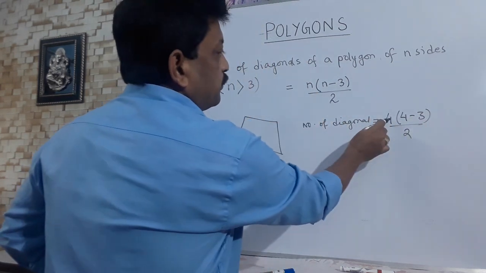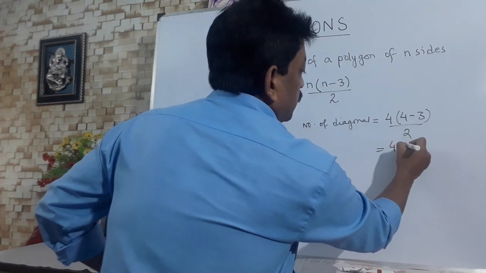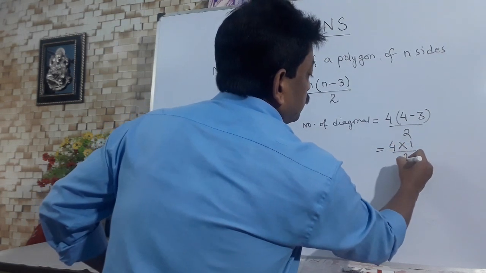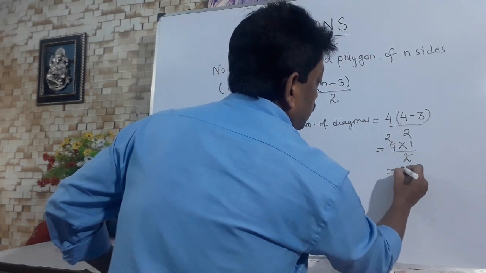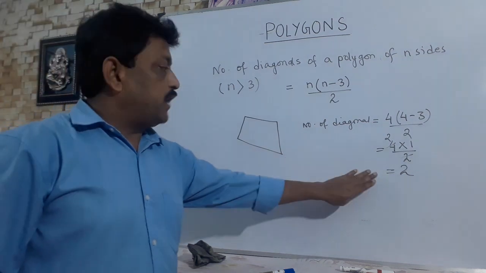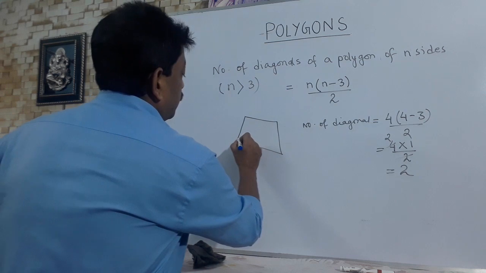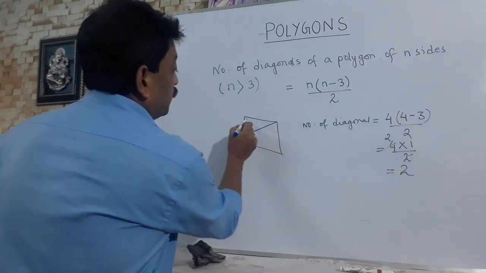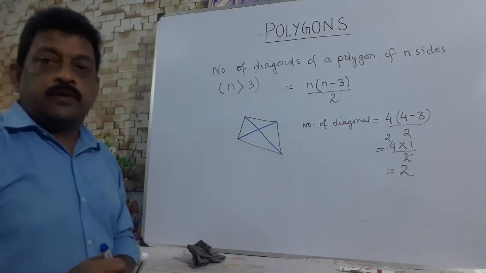So 4 into 1 by 2. So 4 and 2 cancel. So a quadrilateral will have 2 diagonals. This is also obvious from the figure. See, we can draw only 2 diagonals in a quadrilateral, not more than that. Understood?